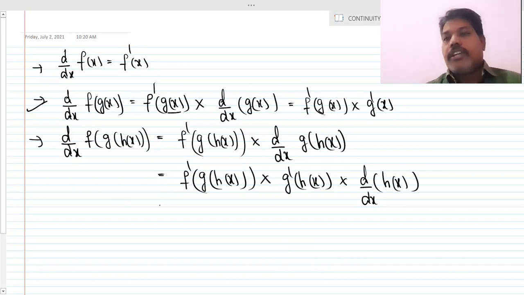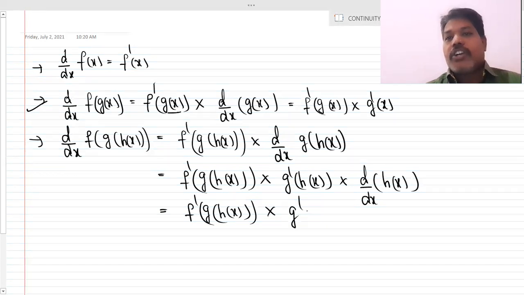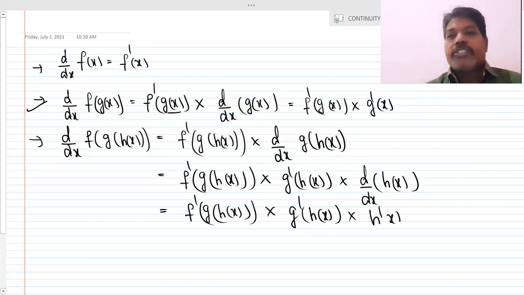What happens, students? It will become f dash of g of h of x into g dash of h of x into h dash of x.